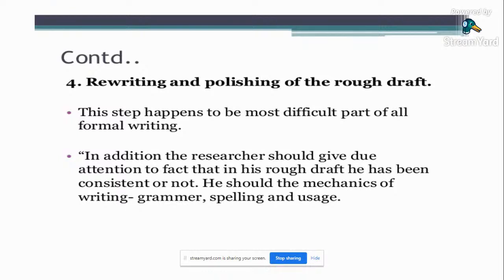It's a simple one. Before submitting your test papers, when you are in an examination, what are the things you look into before submitting?